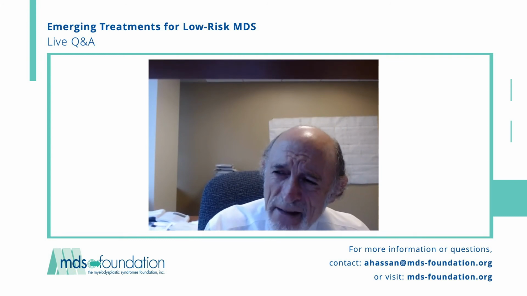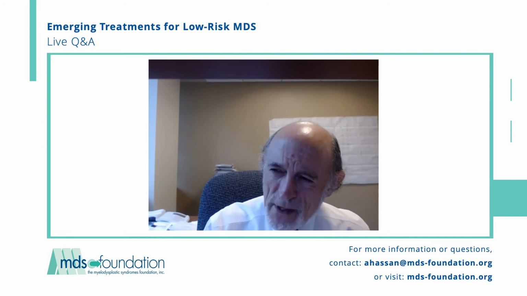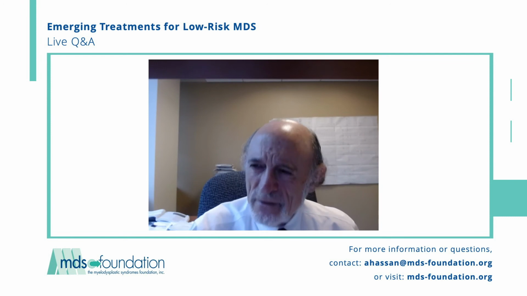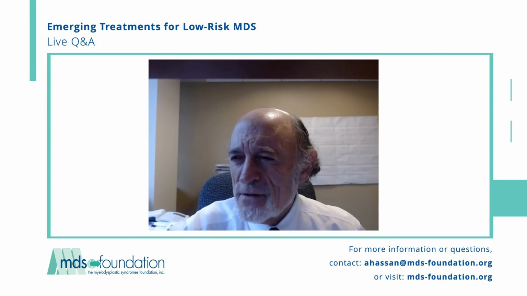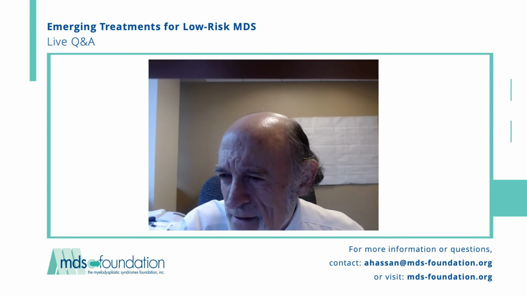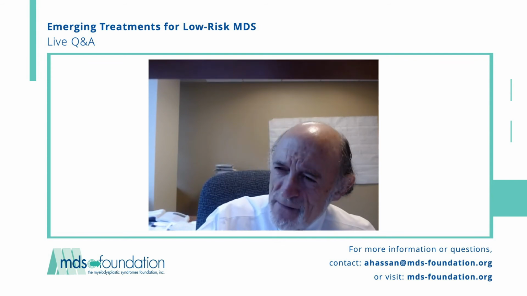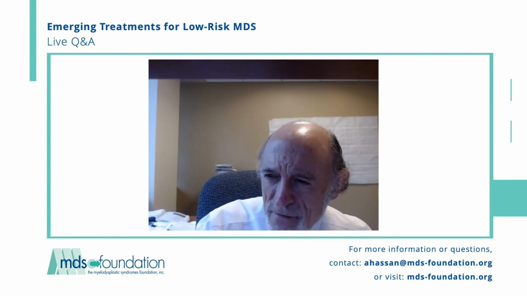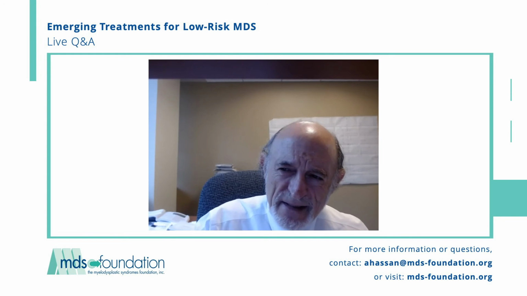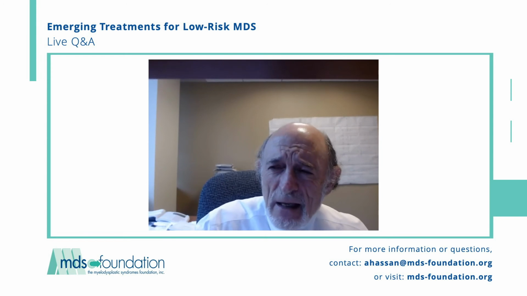Another interesting point, something unique about this drug as opposed to erythropoiesis stimulating agents, erythropoietins: if you have a high erythropoietin level, let's say 500 or above, the chances of response are really slim, less than 10%.